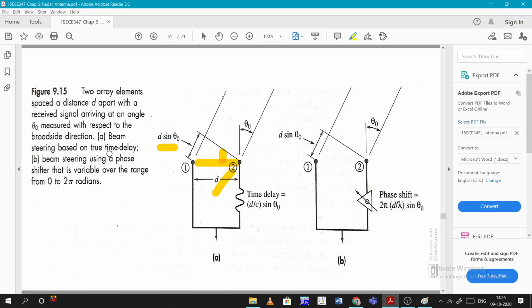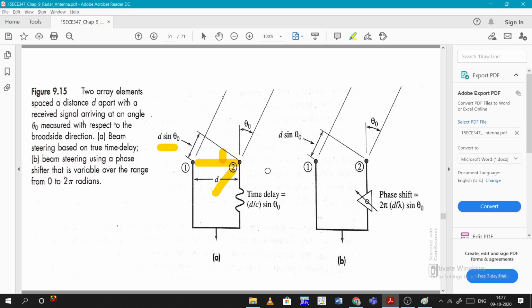Based on true time delay, beam steering using a phase shifter is variable over the range 0 to 2 pi radians. So basically, we need to turn the beam, or rotate the beam. To steer that beam, we can have one more element here, and it can be steered using two methods.